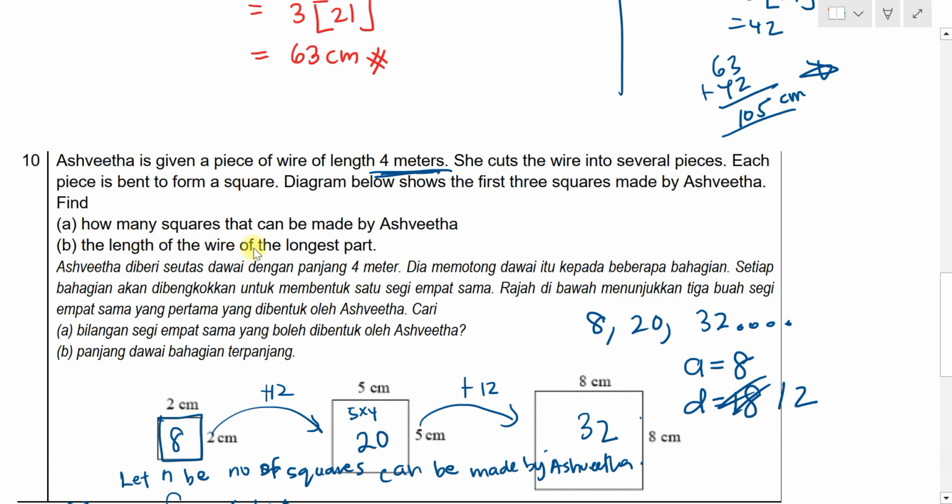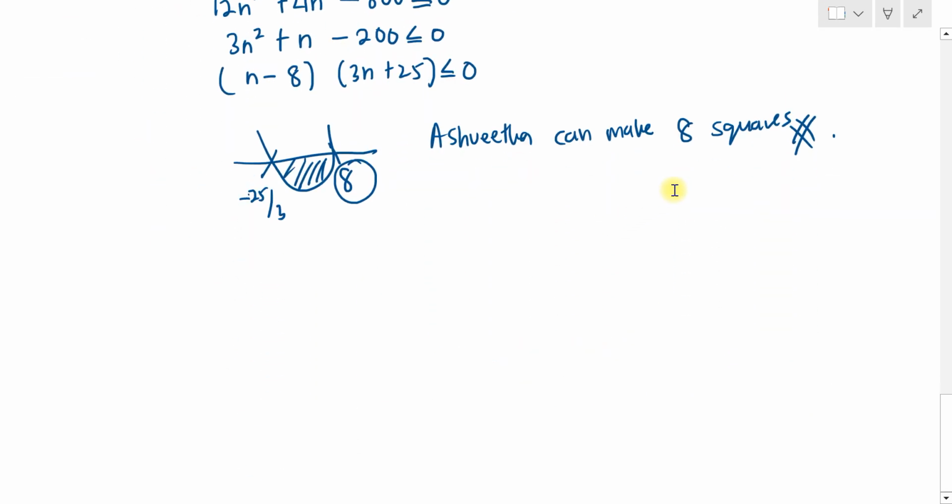So the length of wire of the longest part. The longest part is the final part of the square, which is the 8th square. So let us calculate T8. Why I use T? Because we are talking about the last term only. So T8 is A plus 7D.